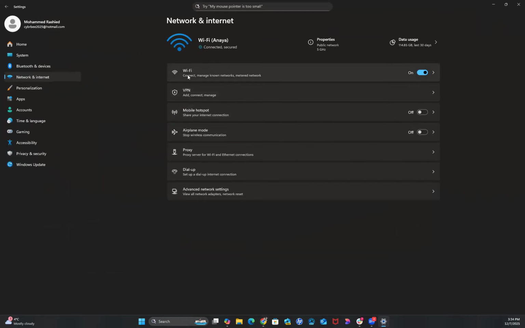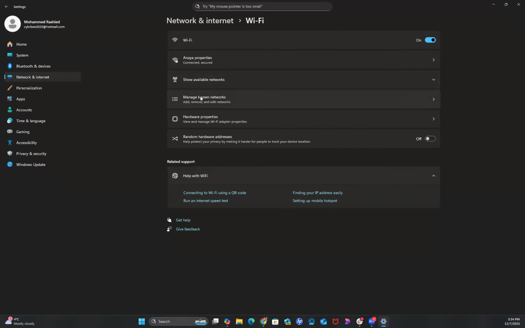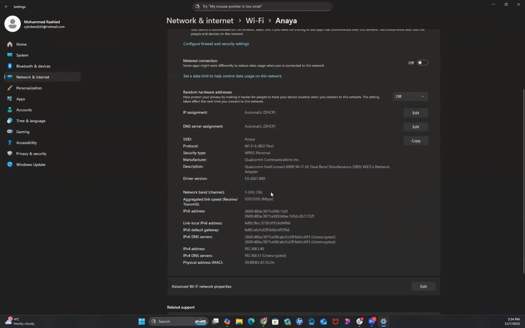You see, this is the physical MAC address, the Wi-Fi MAC address of this computer.